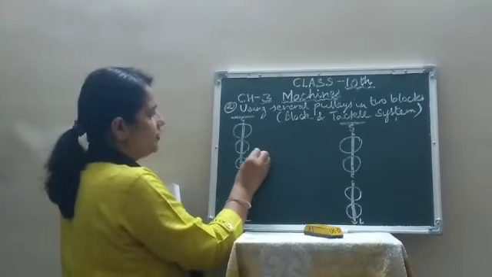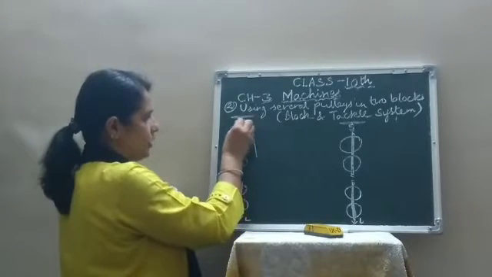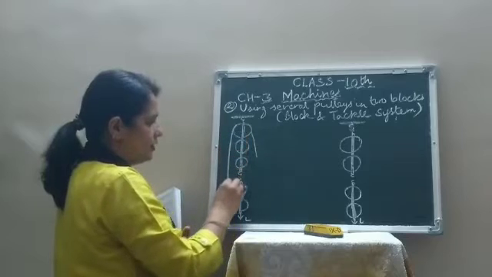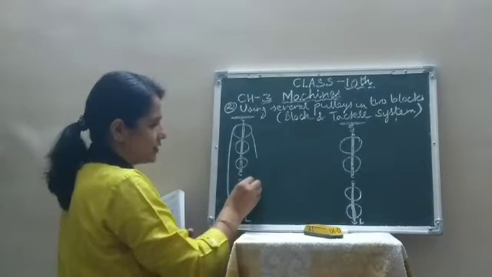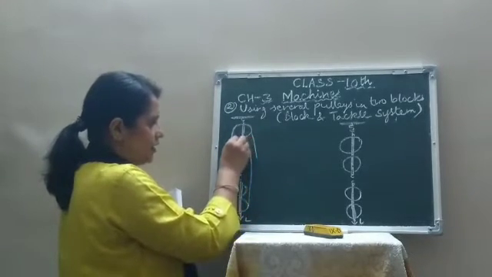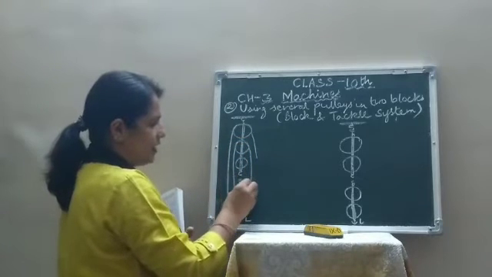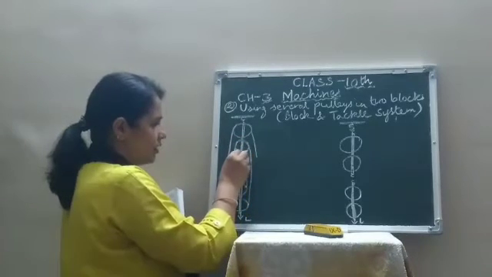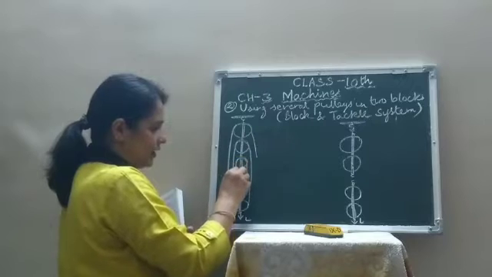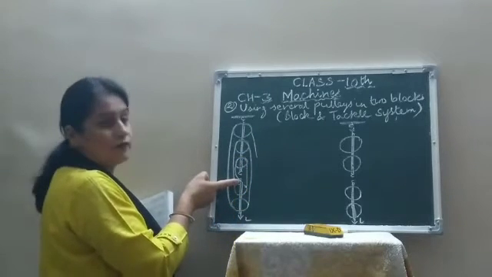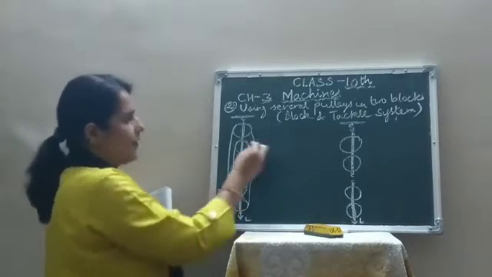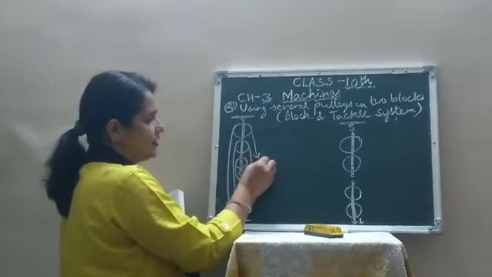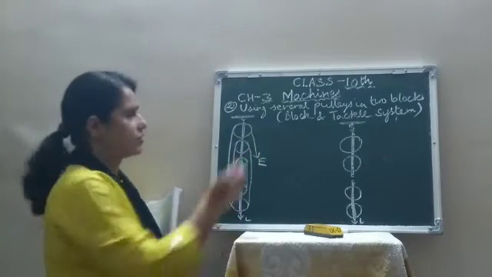So we will start with the uppermost pulley. Then we will go to the last. Then the second one. Then the second last and this third one. So the lower end of this string gets attached to this hook of the lower block. The effort is applied at this end in the downward direction.